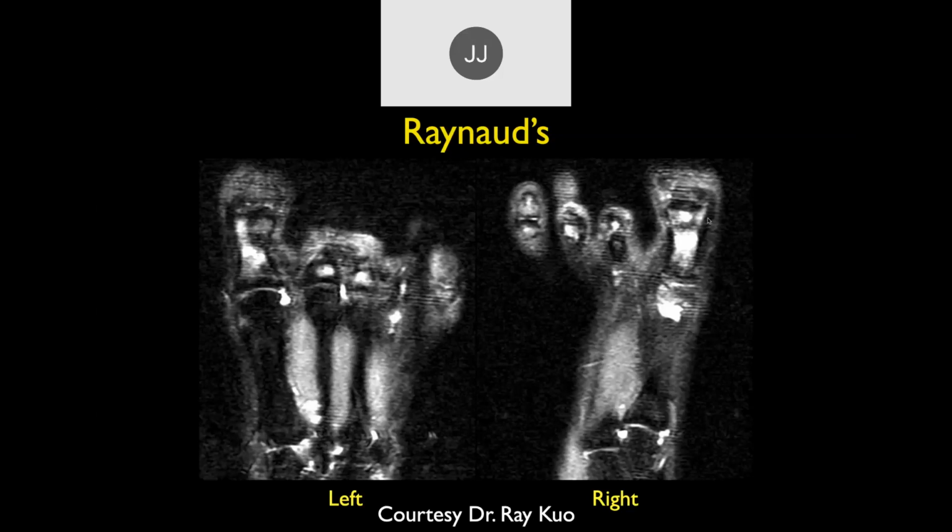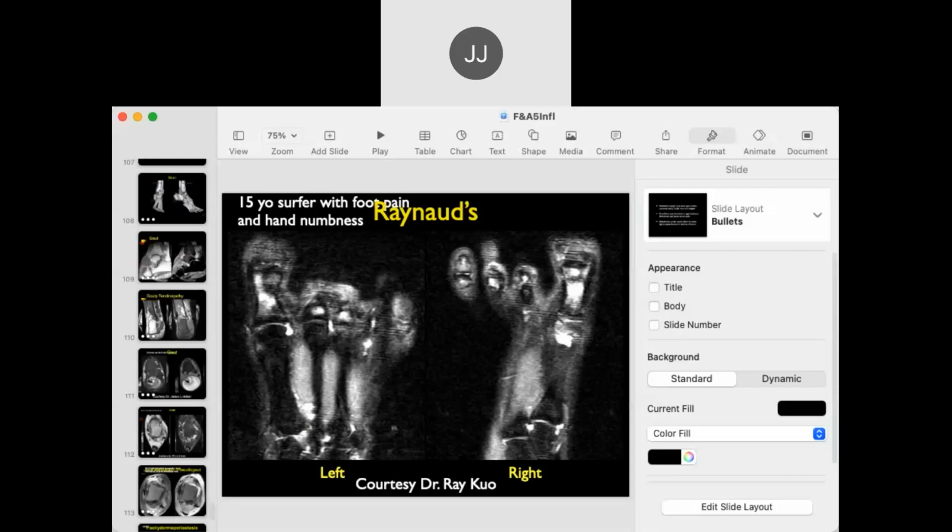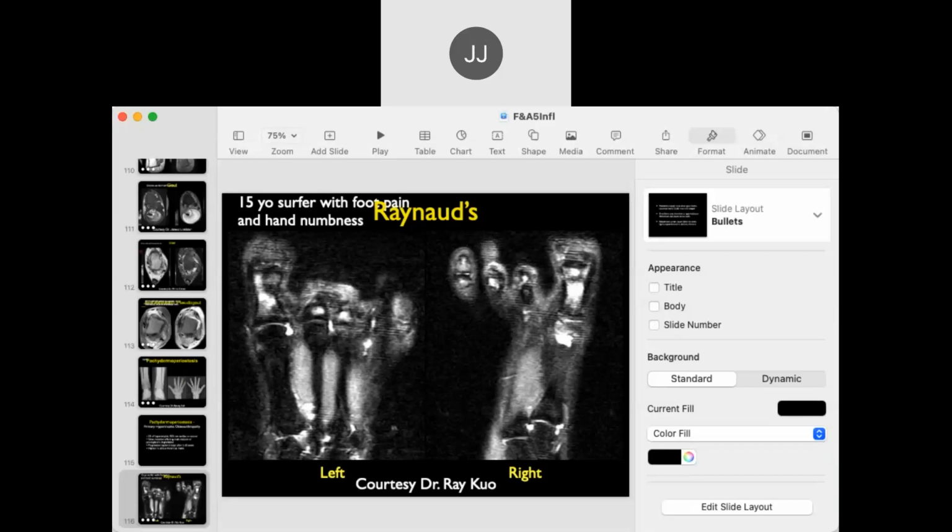It'd be worse if they didn't wear wetsuits. But he should probably wear booties as well. Could that be a smoker too? Could be, but a 15-year-old surfer may not be a smoker, but possible. It would make it worse.